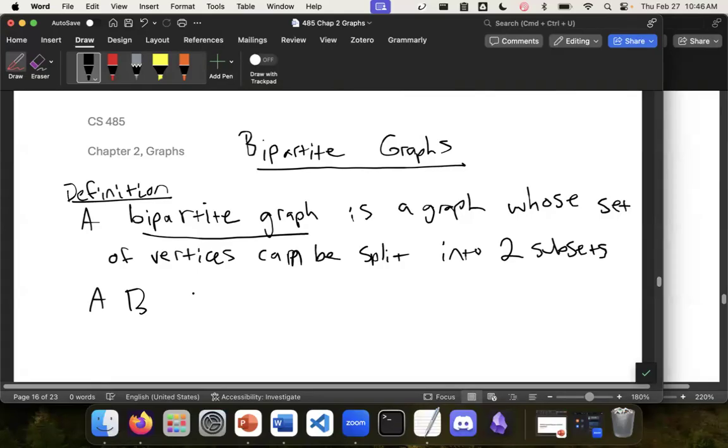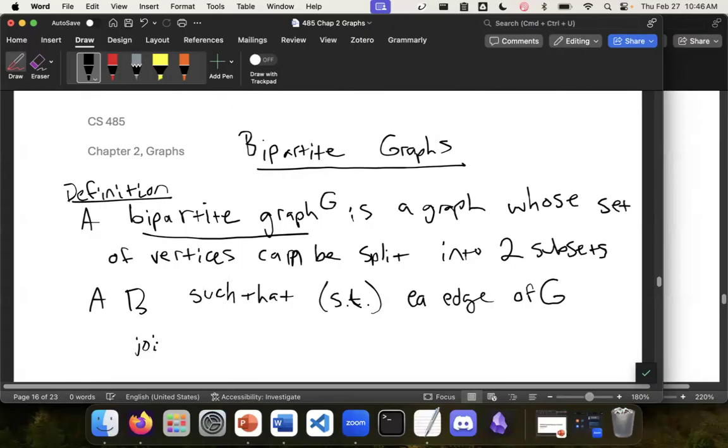So we can split them into 2 subsets such that, sometimes you'll see s.t. for such that, that's just an abbreviation, such that each edge of G, let's name this G up here, each edge of the graph joins a vertex in A with a vertex in B. So all of the edges go only between A and B. There are no edges inside of A.